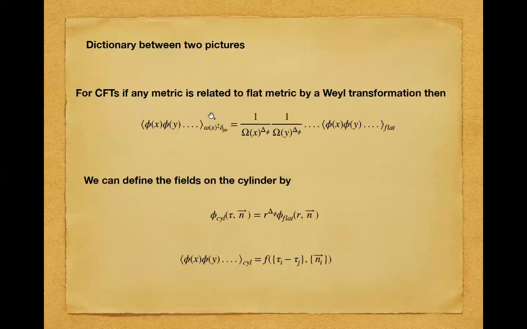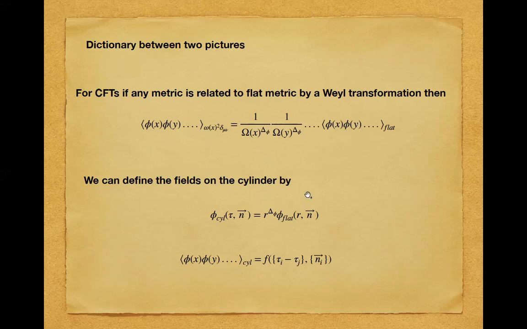Indeed, as I said, whenever the metric is related to your actual metric by some overall factor, then under this kind of Weyl transformation the correlators are related by some overall scaling factors. Okay, this particular relation we saw yesterday also, right?